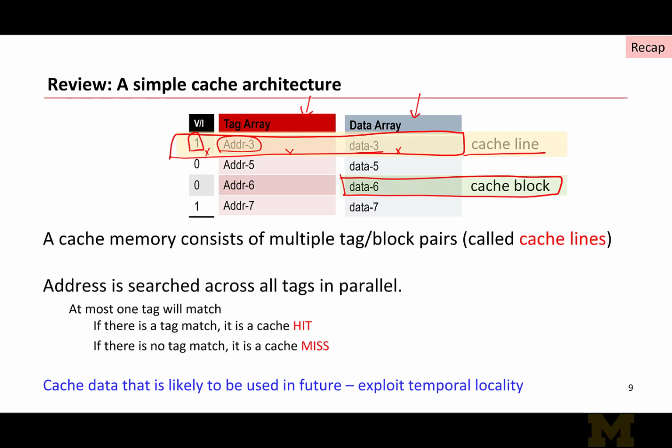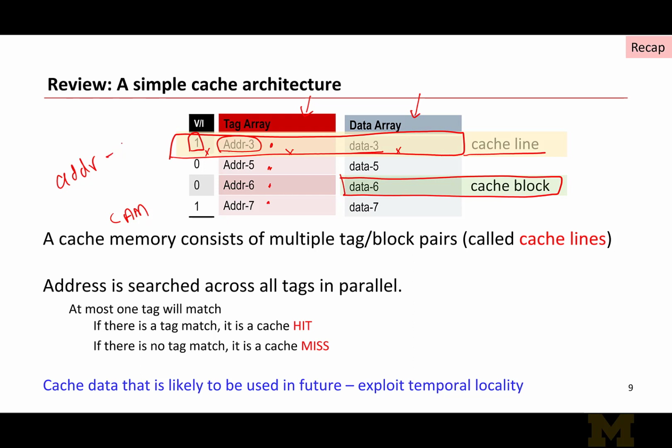Okay, so the way that the cache works is fairly simple. You bring in the data, you store it along with the address. We said that if you want to look up a new address, then you would compare that to every element in the tag array using a structure called CAM, content addressable memory, which would tell you which element found a match, and if it did, then you access the data corresponding to that.